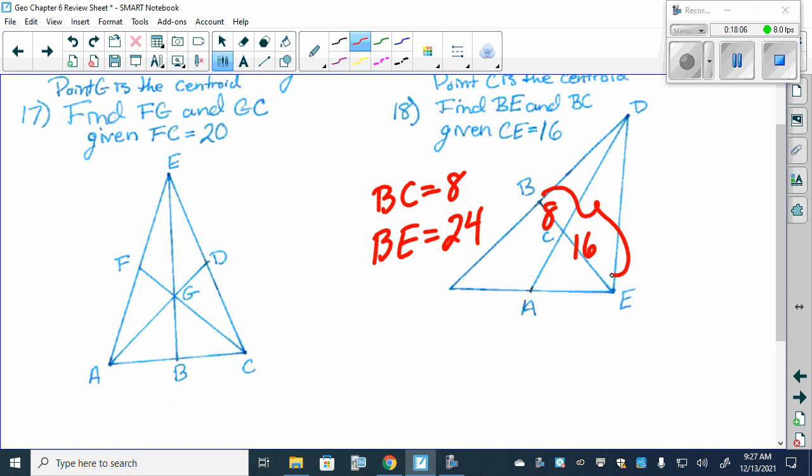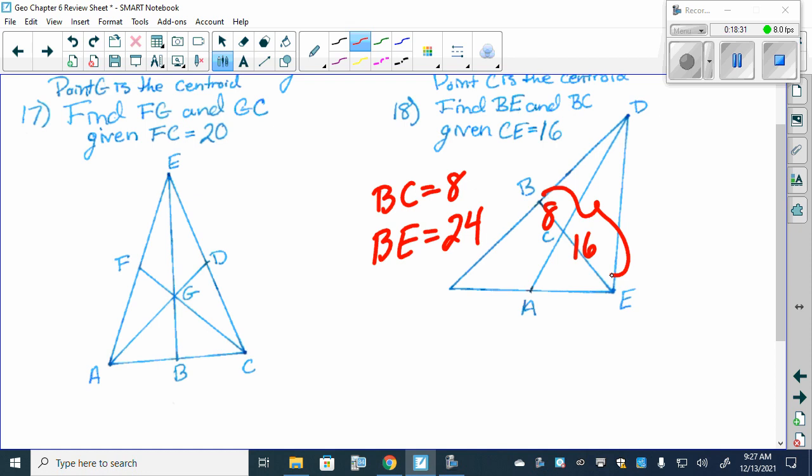Let's look at 17. FC, is it the bigger, smaller, the whole? It's the whole length, yes? Well, the bigger is equal to what times the whole? 2/3. The shorter segment, the smaller segment, is equal to 1/3 of the whole.